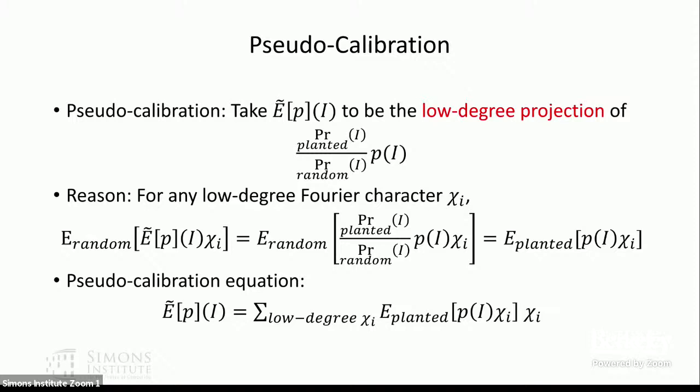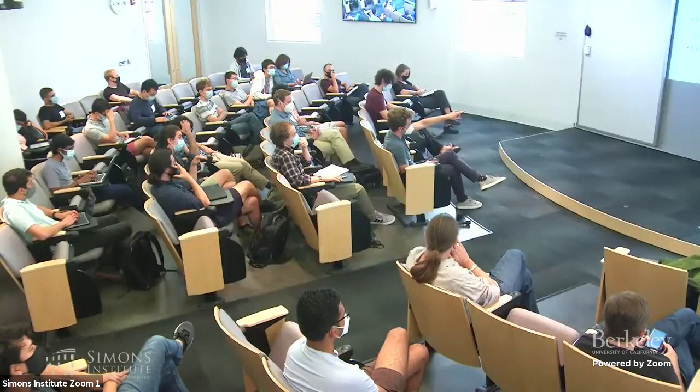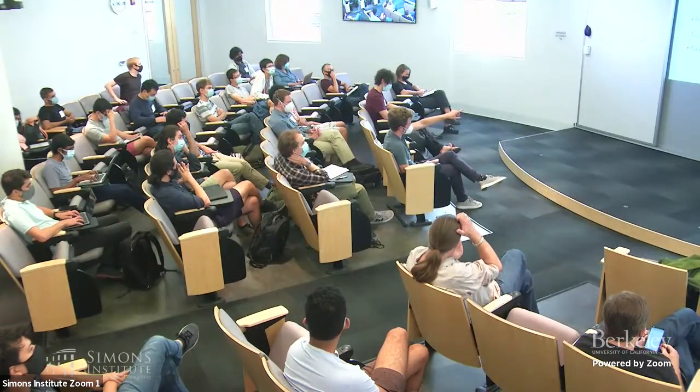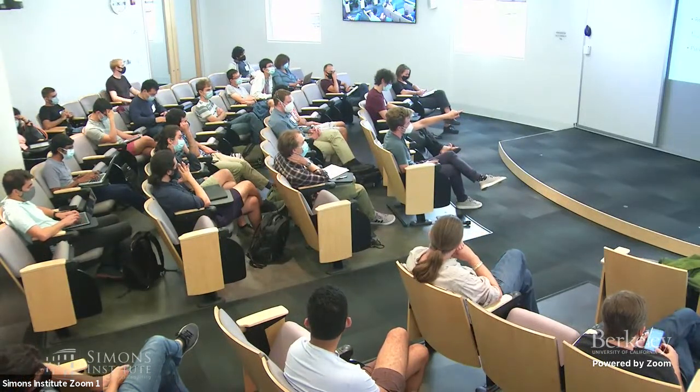Okay. Anything that you'd like to ask so far? What is p? p is a polynomial in solution variables, right? So p of I means that there's some solution associated with instance I. Yes.